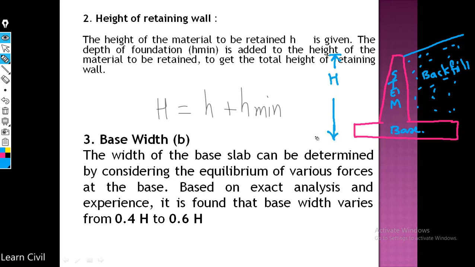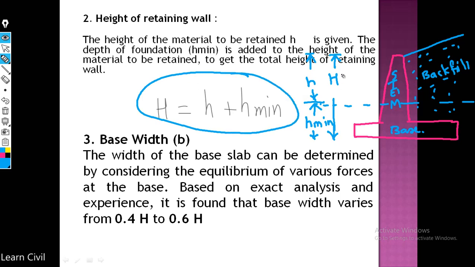This total height is given by the depth of this retaining wall, or underground depth of the retaining wall, which is considered as H minimum, plus the height of the retaining wall above the ground. So this capital H will be equal to this small h plus H minimum.